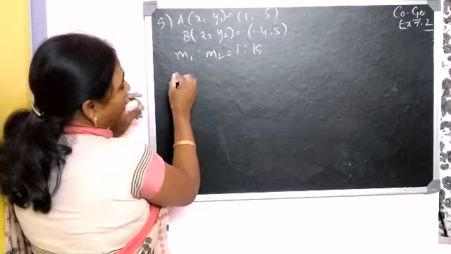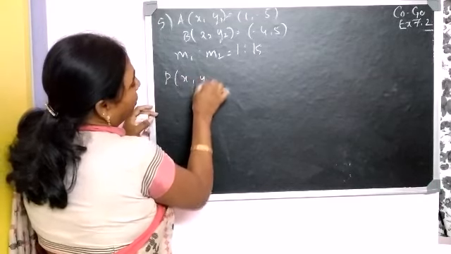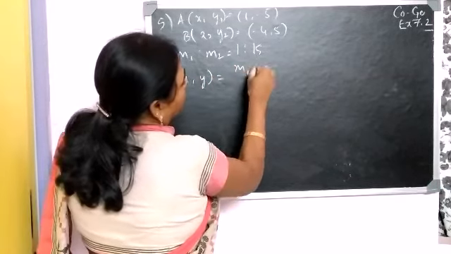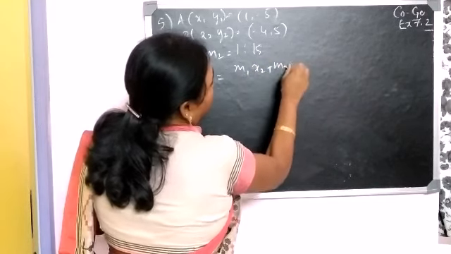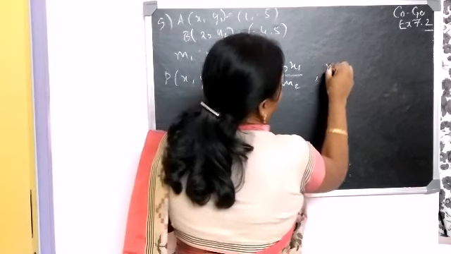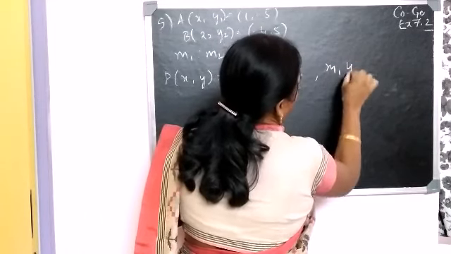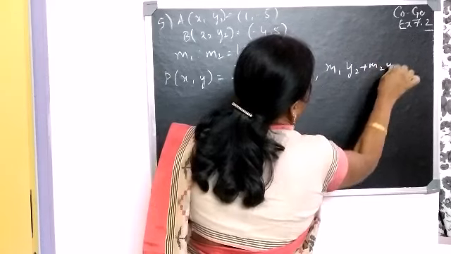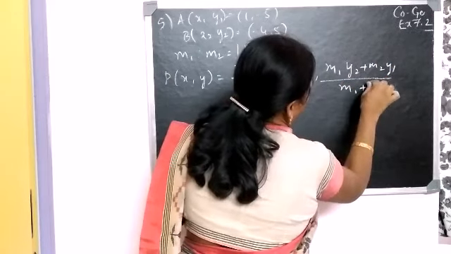Here is the same thing, P(x, y) is equal to (m1 x2 plus m2 x1) divided by (m1 plus m2), comma (m1 y2 plus m2 y1) divided by (m1 plus m2).